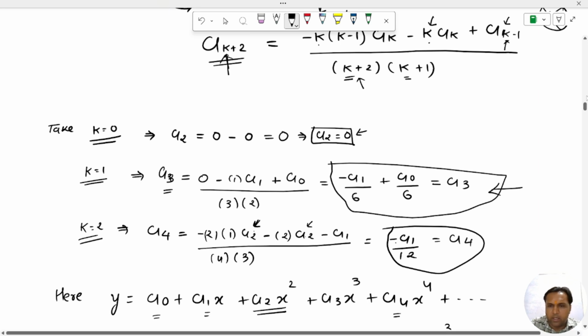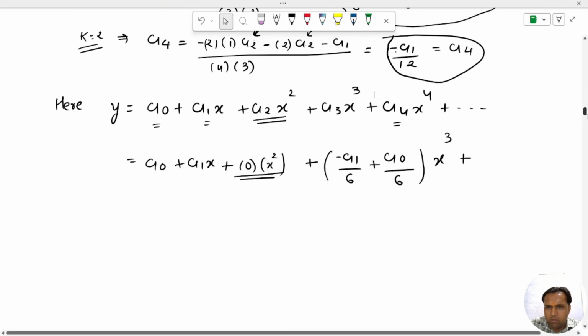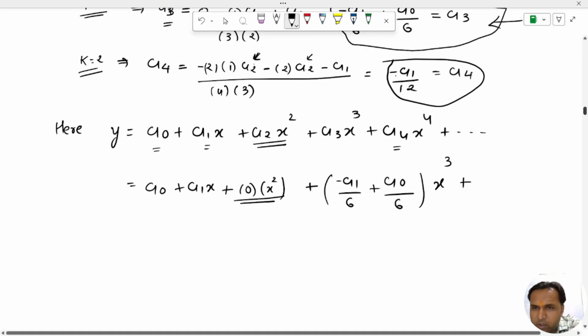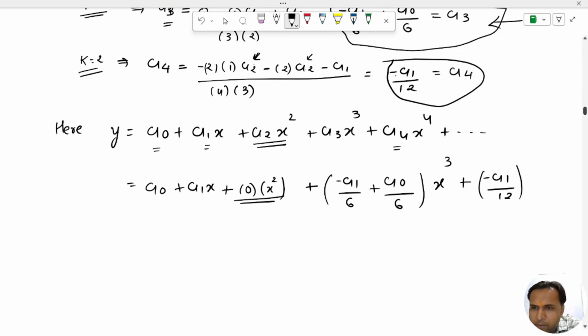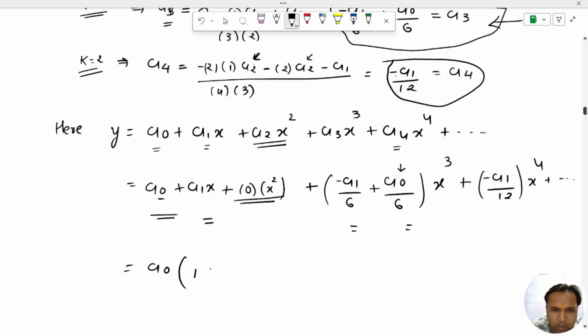Done once again. Okay, now here in place of a4 you have to substitute minus a1 by 12 x raised to 4 plus test. Now we can see the whole equation, complete equation in terms of a0 and a1. If I am taking a0 common, the remaining is 1 plus 1 by 6 x cube plus test.